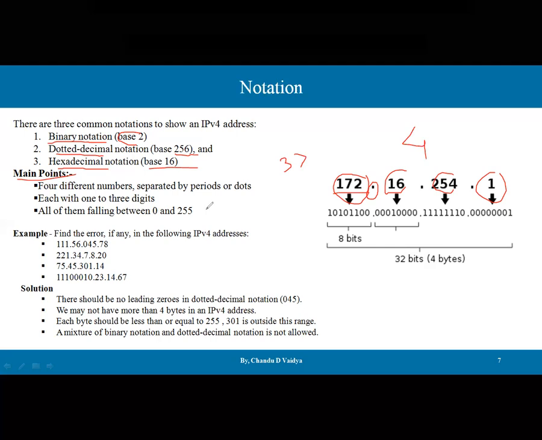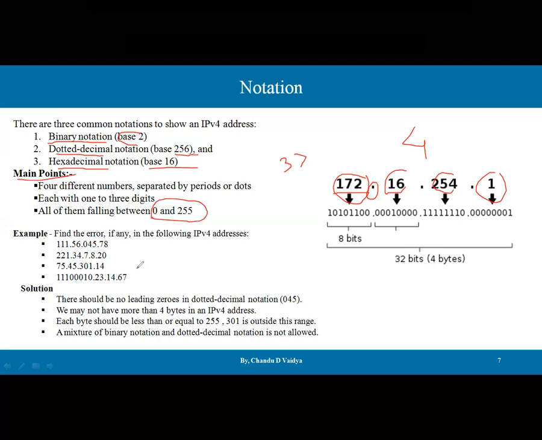So this is the constant. No one can have a value more than this or below this. So these are the main points: the different numbers separated by dots, each with 1 to 3 digits, and the range of one particular octet is 0 to 255.